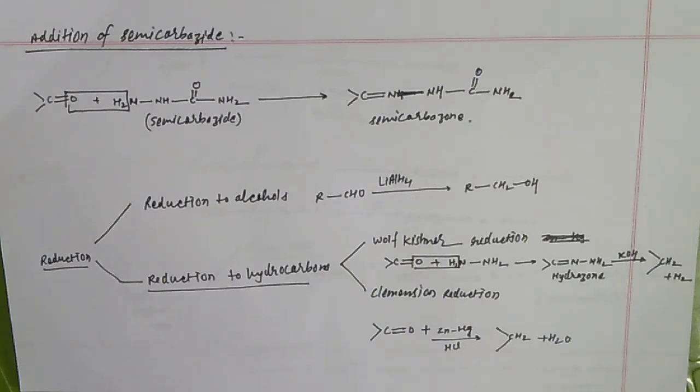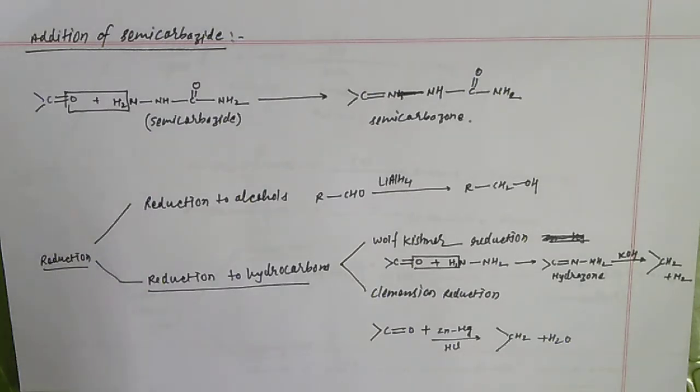Semicarbazide is an amide attached with hydrazine. It combines with the carbonyl compound with the loss of a water molecule, and it will give the semicarbazone.